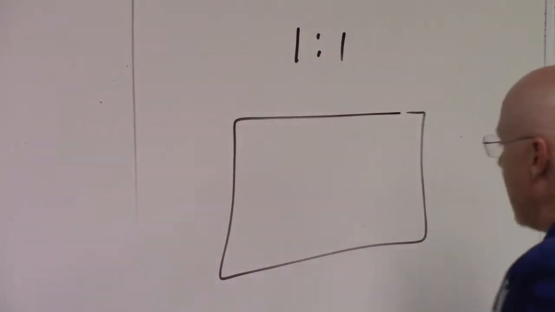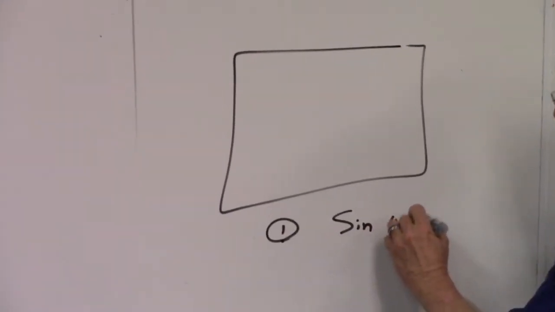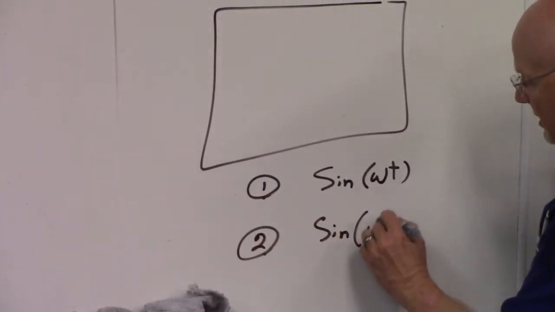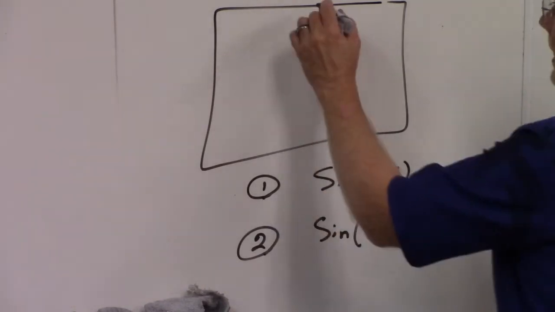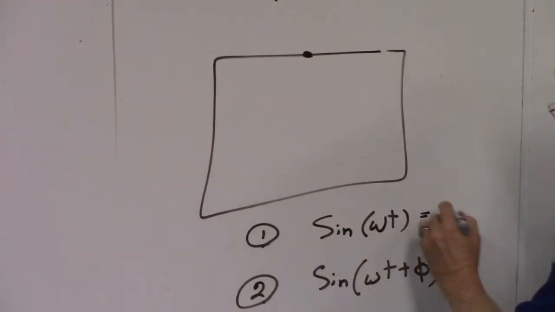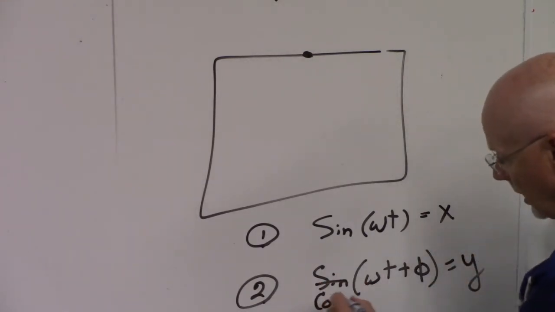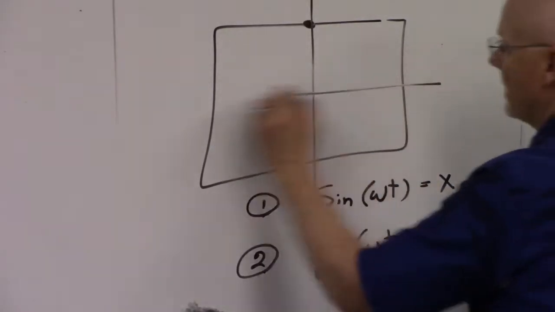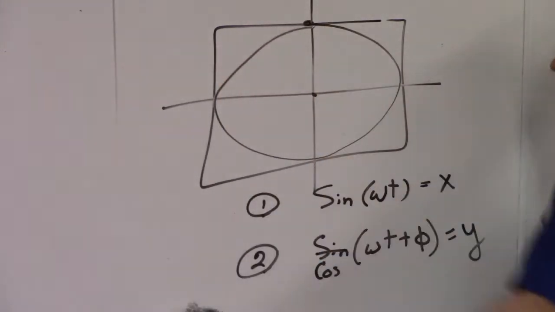But if you remember me talking about this, if channel 1 was something like sine omega t, and channel 2 had the same frequency, but maybe out of phase, and especially if it was a cosine, then if this is the x-axis and this is the y-axis, you would start at its maximum when the x-axis is at 0, and you would get something that looks like a circle or an oval.